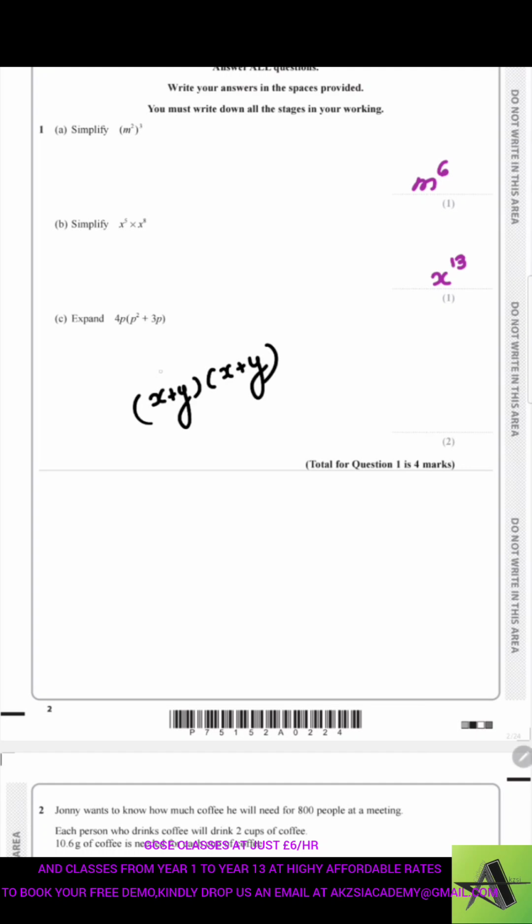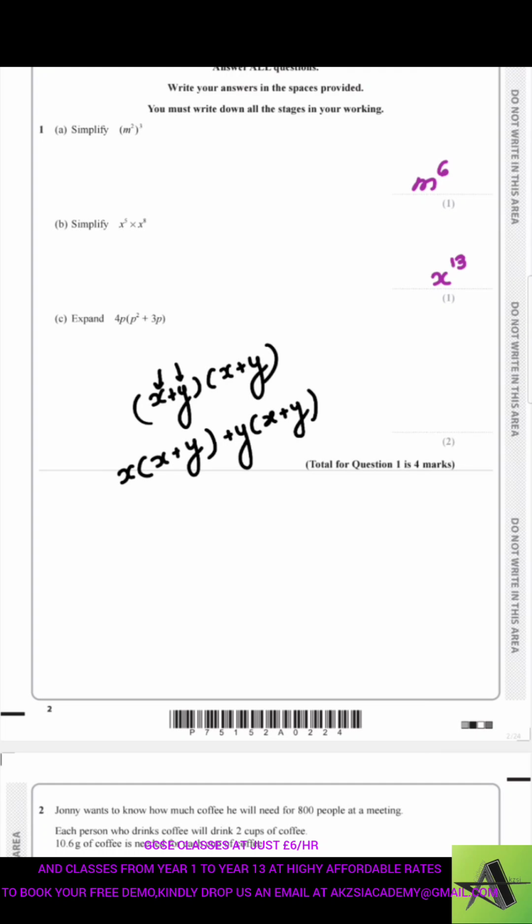That means I can write x times this whole bracket, x times x plus y, and I can write y times x plus y. So what I did, I have multiplied the first term of the first bracket with every term of the second bracket, and the second term of the first bracket with every term of the second bracket. Simple. I have applied the distributive law.